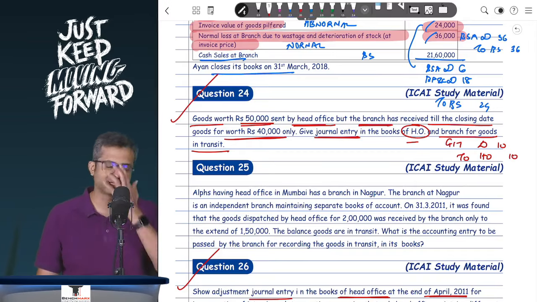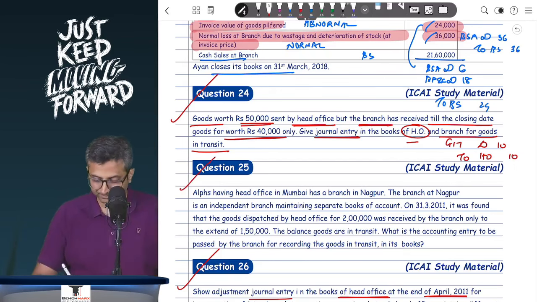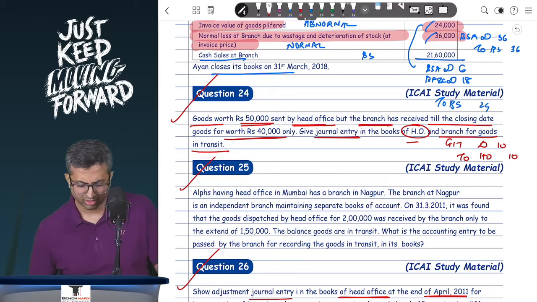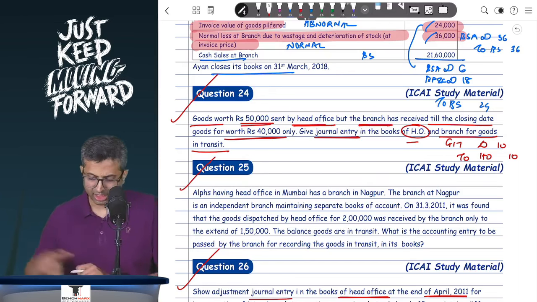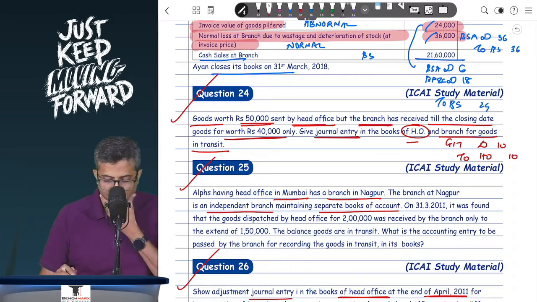I would say it's more like a small MCQ, or it will be a precursor to a bigger problem. Question 25. Alps, having a head office in Mumbai, has a branch in Nagpur. The branch in Nagpur is an independent branch maintaining a separate set of books of accounts.